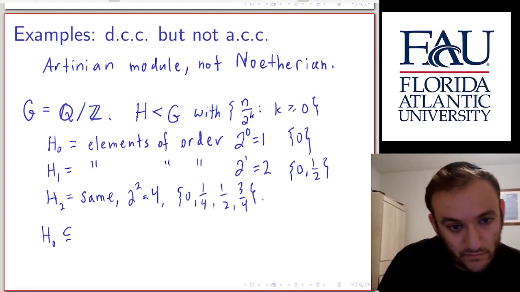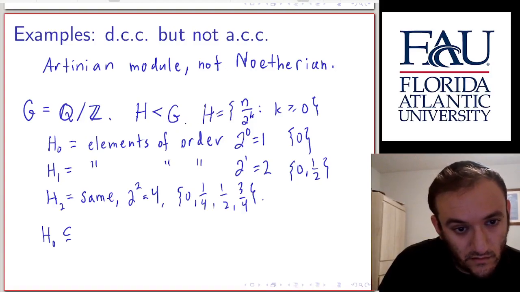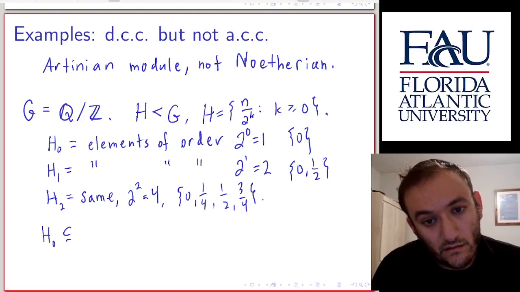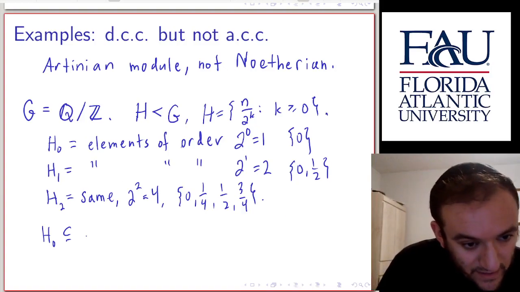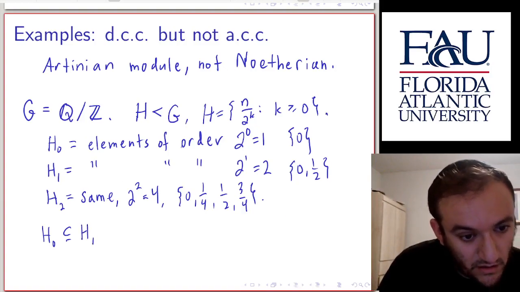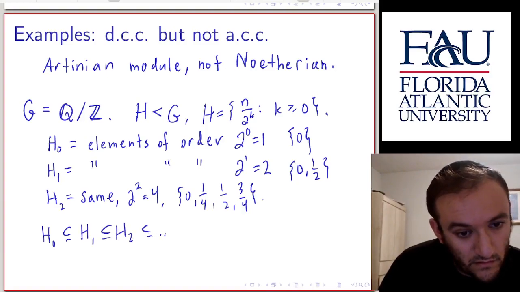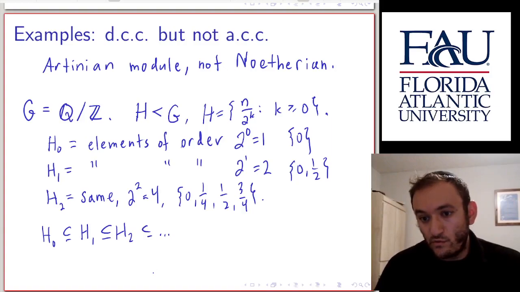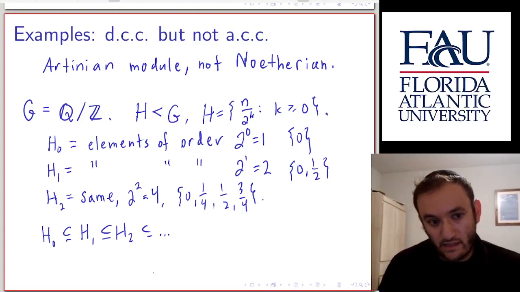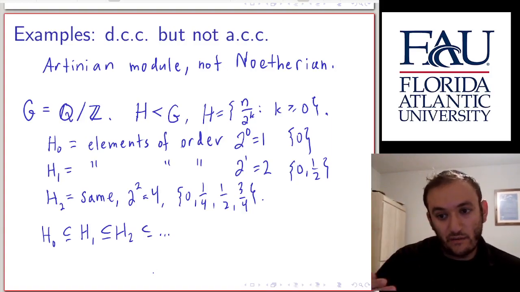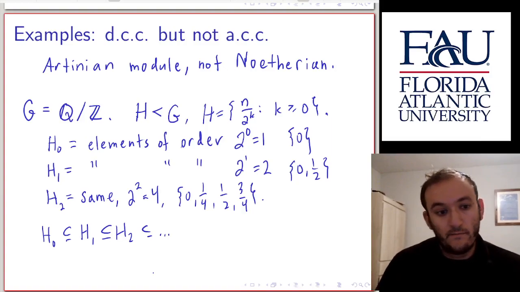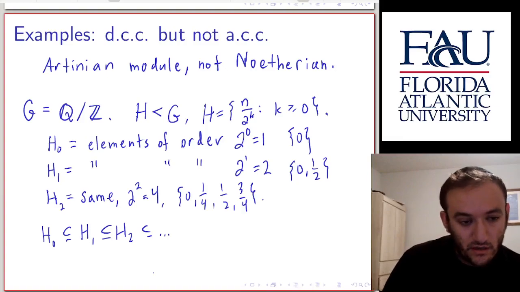So H is given by this. Clearly we have this ascending chain, and this is not going to stabilize, because each time you pick up more and more fractions in the corresponding submodule of H.